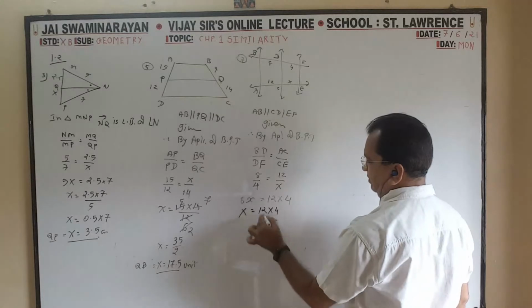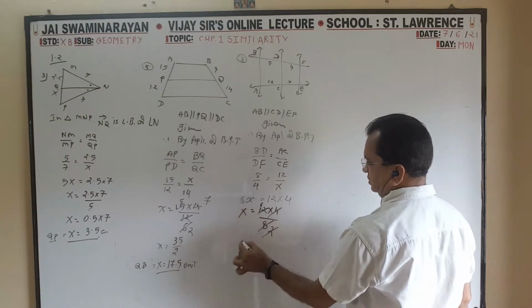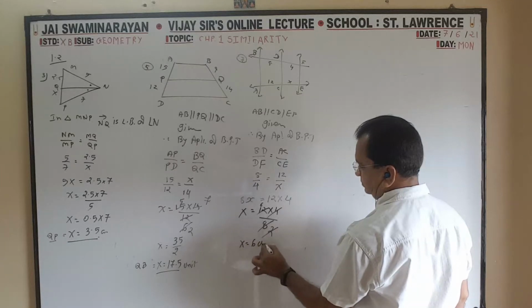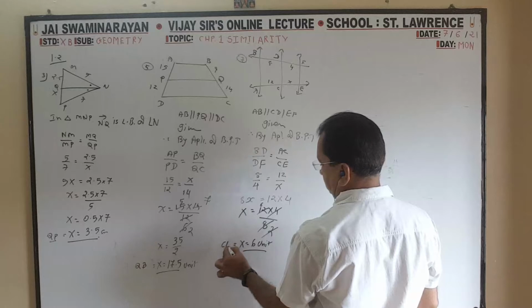Into 4 divided by 8. 4 2s are 8, 2 6s are 12. What is X but CE?